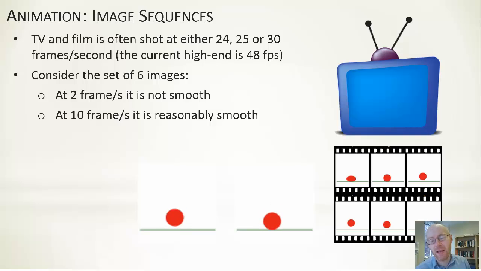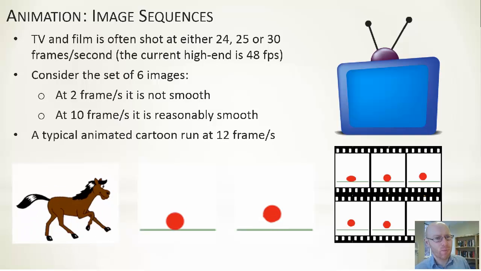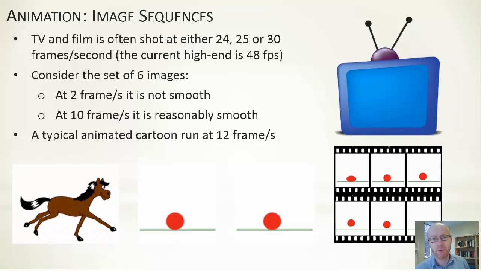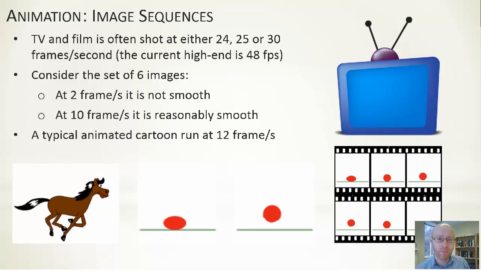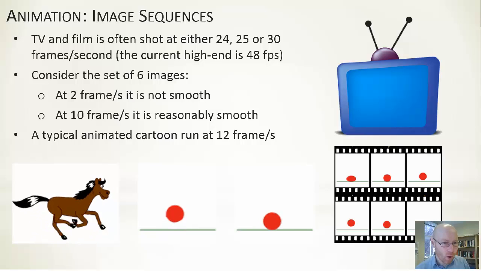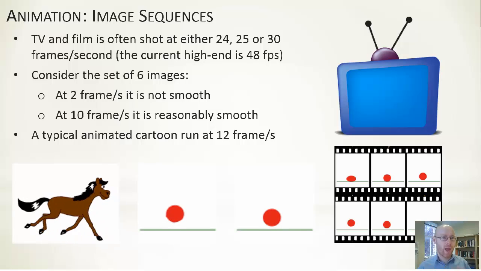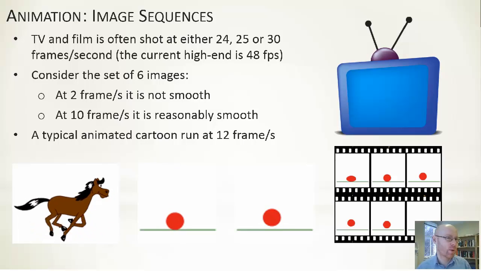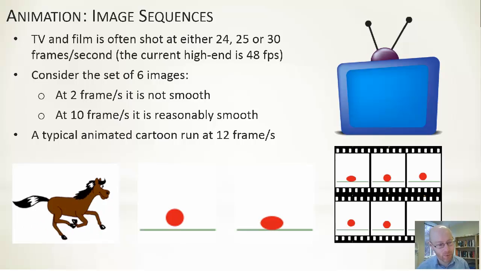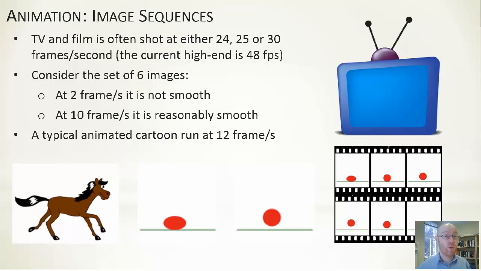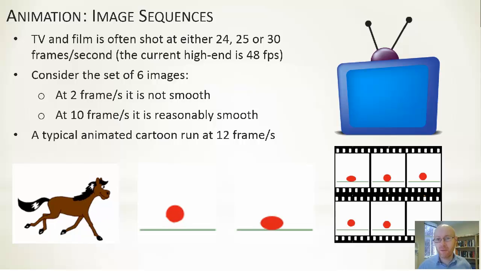And in fact, a long time ago, whenever cartoons actually were drawn by hand, each individual frame as opposed to done on the computer, it was common then that typical animation would have had 12 hand-drawn frames per second. And you can see an example there of playing back an image of a horse running, where at 12 frames it looks reasonable.